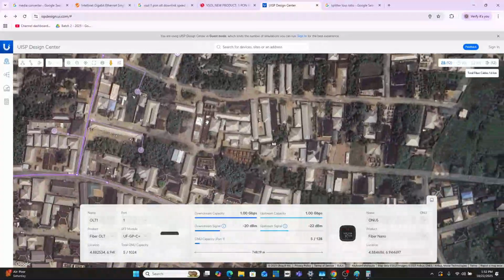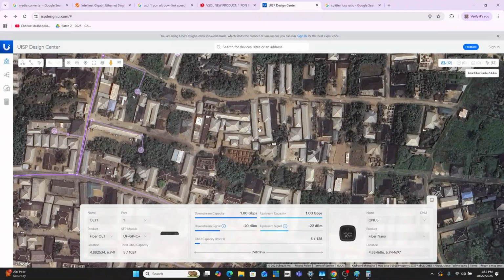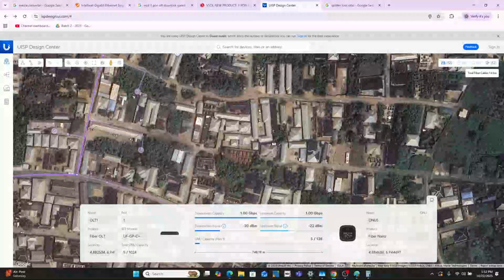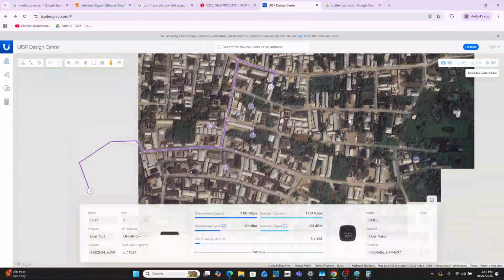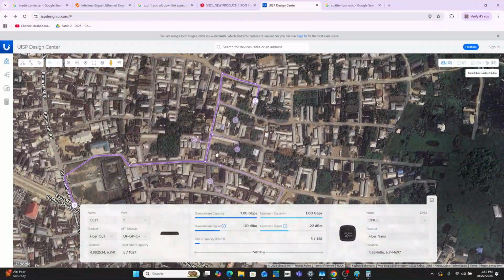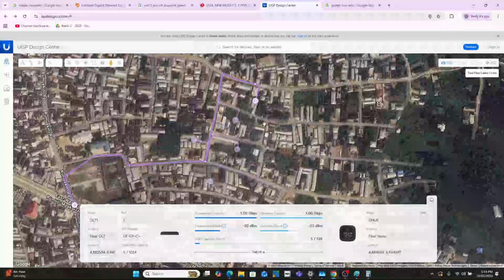If you look further, we didn't talk about this side. I only talked about this side here, right? So what about these houses here? Because if we go through this street, see the termination of the street over here. So that means this our single PON should be able to service. Since it's servicing here, we should use it to service the remaining side of the street.